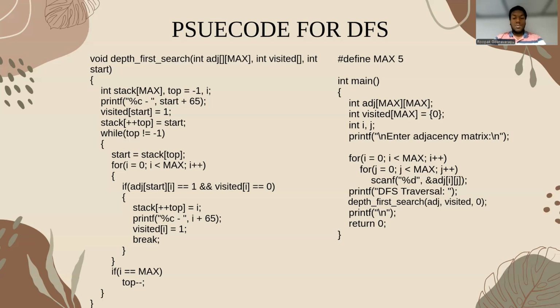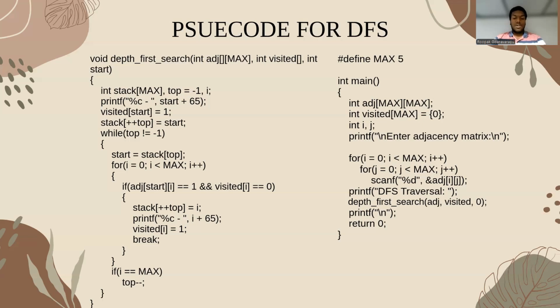If the for loop completes without finding any new unvisited node, the condition if i == max, top-- is triggered, which decreases the top value and removes the top element from the stack. This represents backtracking. The loop continues until the stack becomes empty, completing the DFS traversal.